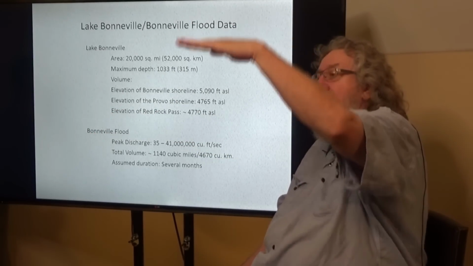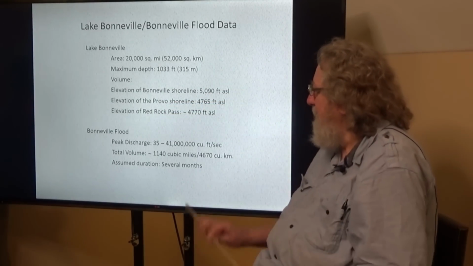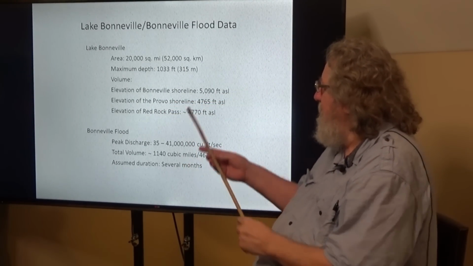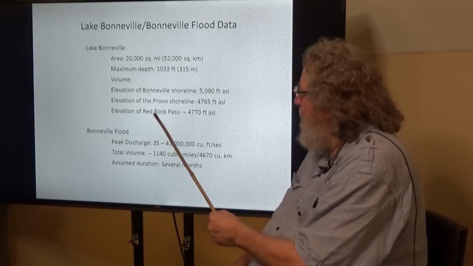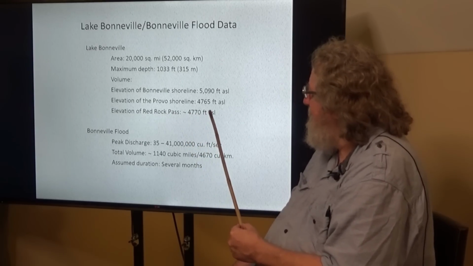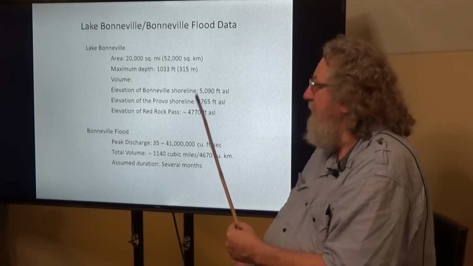The lake then restabilized at that hard limestone sill, and that is the Provo shoreline right here. The modern elevation of Red Rock Pass is right about 4,770 feet above sea level, only 5 feet difference, so that's a meaningless difference.